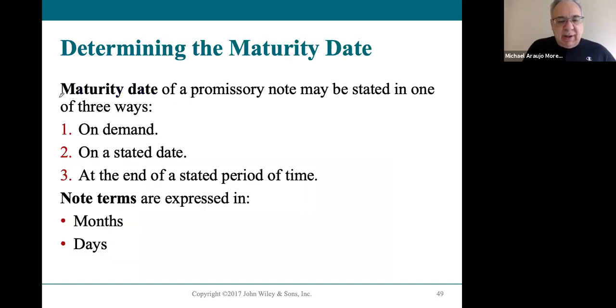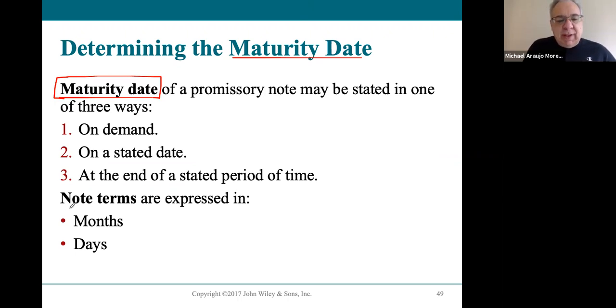The maturity date is the date that it's due. Normally speaking, the notes are paid back in full on the due date with the interest. Everything is paid all at once on its due date. The due date is the maturity date, so this is a term that you have to know.